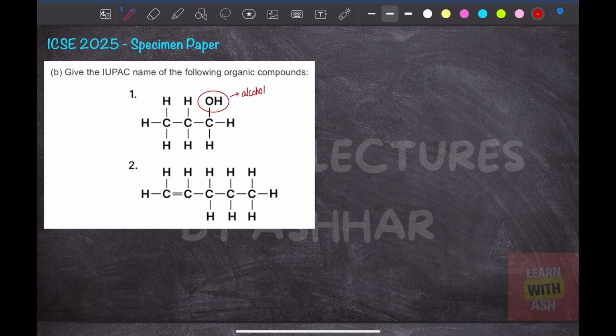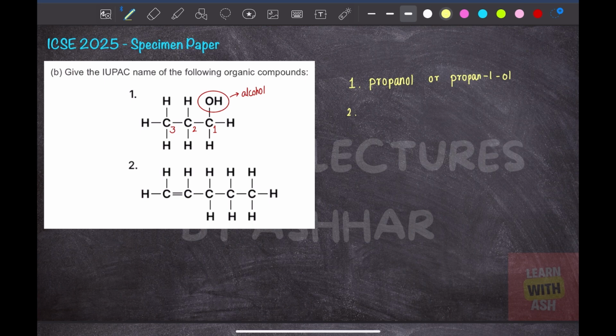So alcohol must come at the lower number. So 1, 2, 3. How many carbons are there? 3. So this will be propanol or propan-1-ol. This will be my answer for this one.